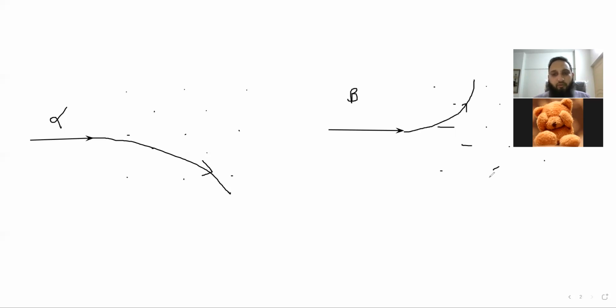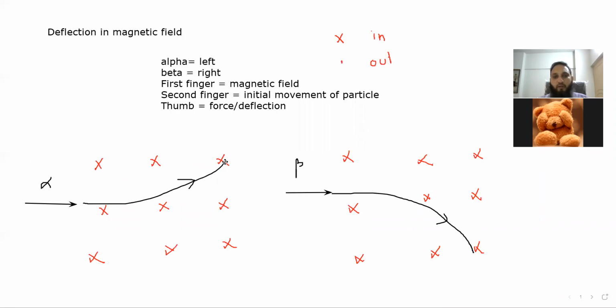And there's also a simple way. You can just remember, if the magnetic field is the same and the alpha particle is going down, the beta particle will move up. And the opposite: if the alpha particle was going up, the beta particle will go down. So alpha and beta in the magnetic field are always moving opposite to each other.